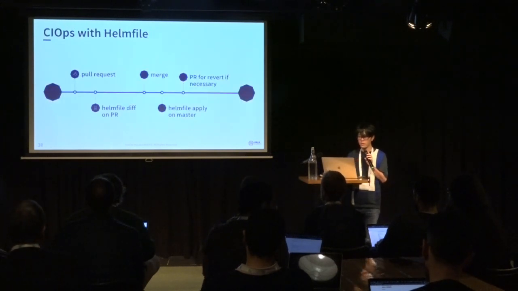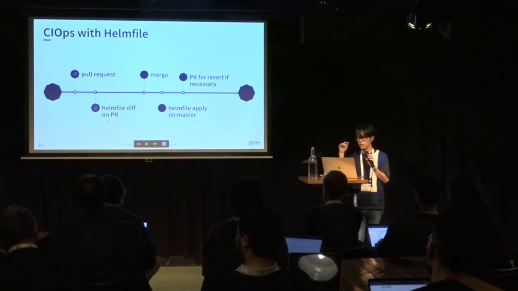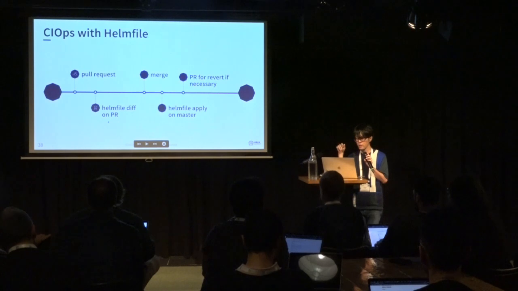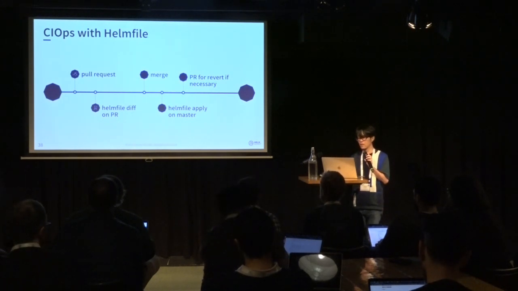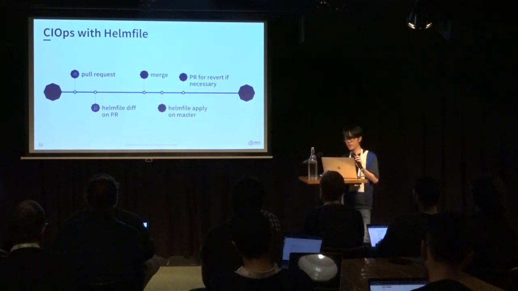Okay, with that you can build a GitOps pipeline. Okay, it triggers the Helmfile diff via pull request. You merge it, and Helmfile applies it. If you find any issue after deployment, you can submit another pull request for revert.